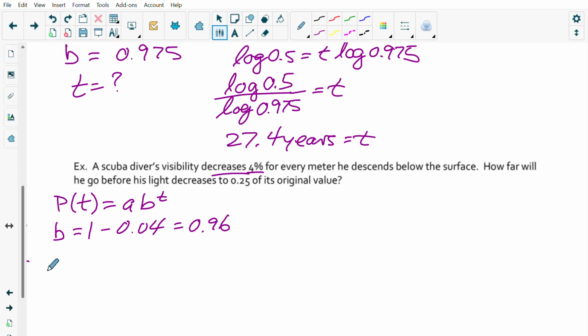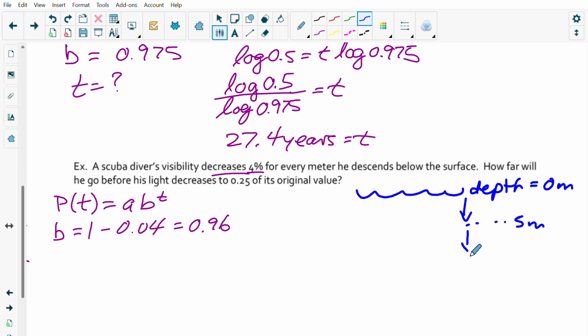Okay, I'm going to do this for the A value, the initial amount. Well, if you think about it, here's the surface of the water. This is at a depth of 0 meters, right? And as you go down, you get to like 5 meters, 10 meters, right?